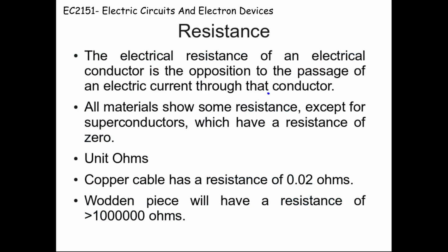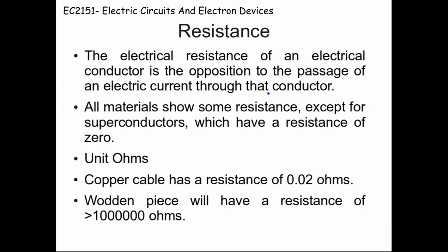The next is the resistance. The electrical resistance of an electrical conductor is the opposition to the passage of the electric current through the conductor. Simply, it is the opposing property of a conductor to allow electrons, right?